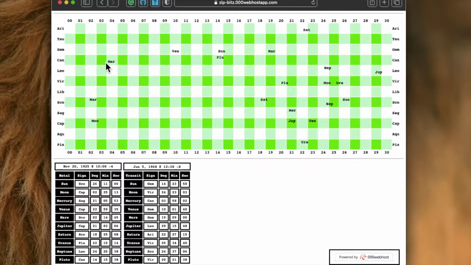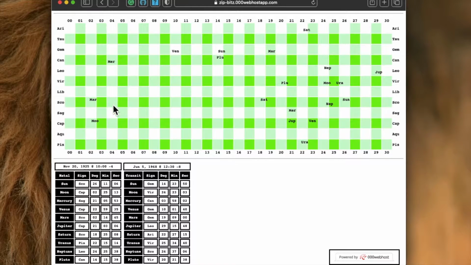And then we have this transiting Mercury. It's not there in the natal chart. See, Sagittarius, that's over here. That's not that one. So we'll find it over here in the Mercury in Cancer, 3 degrees and 58 minutes, almost 4.